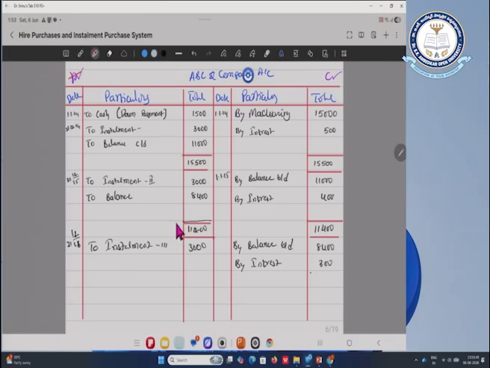So, what is the remaining balance? 8700 total. After deduction of that 3000, 5700 is the balance.